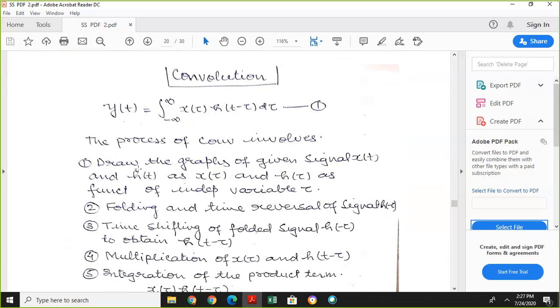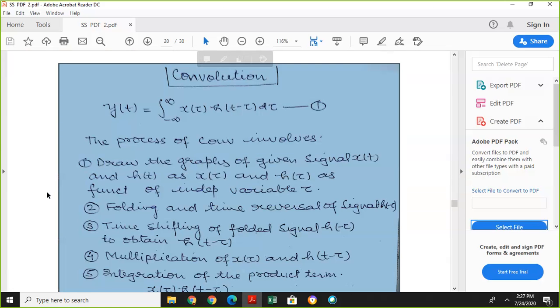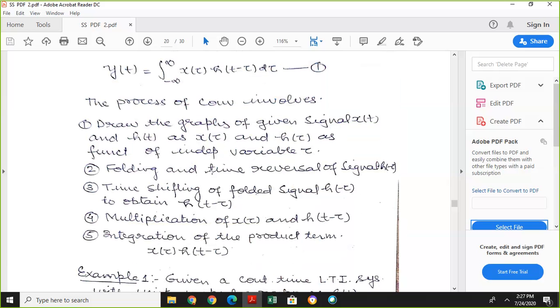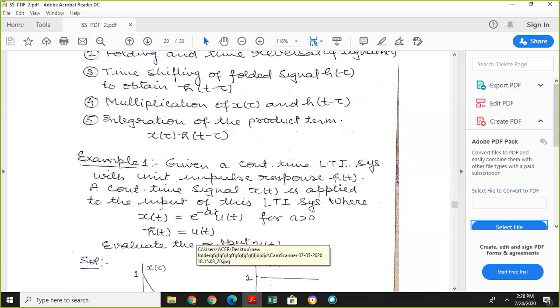The process of convolution involves first drawing the graph of the given signals x of t and h of t as x of tau and h of tau as a function of the independent variable, then folding or time reversal of the signal h of tau, then time shifting of the folded signal h of minus tau to obtain h of t minus tau, and then multiply x of tau and h of t minus tau, then integrate the product term. All steps will be clear in this example.